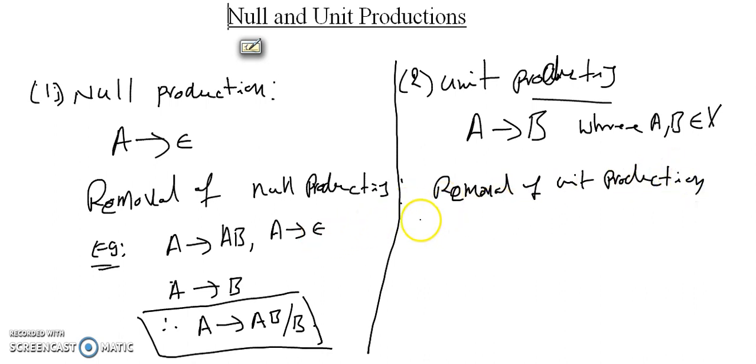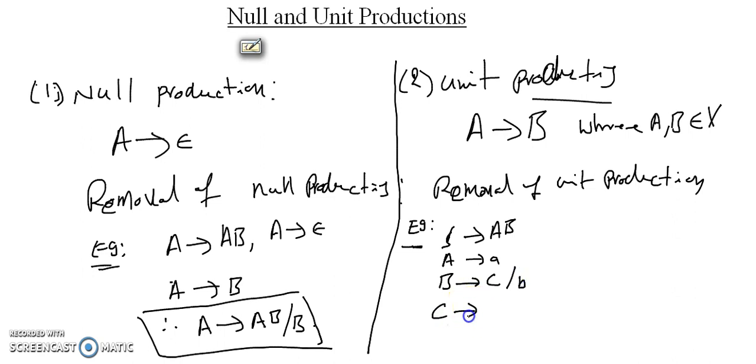For example, the problem is like this: S generates AB, A generates small a, B generates capital C slash small b, C generates capital D, D generates capital E, E generates small a.